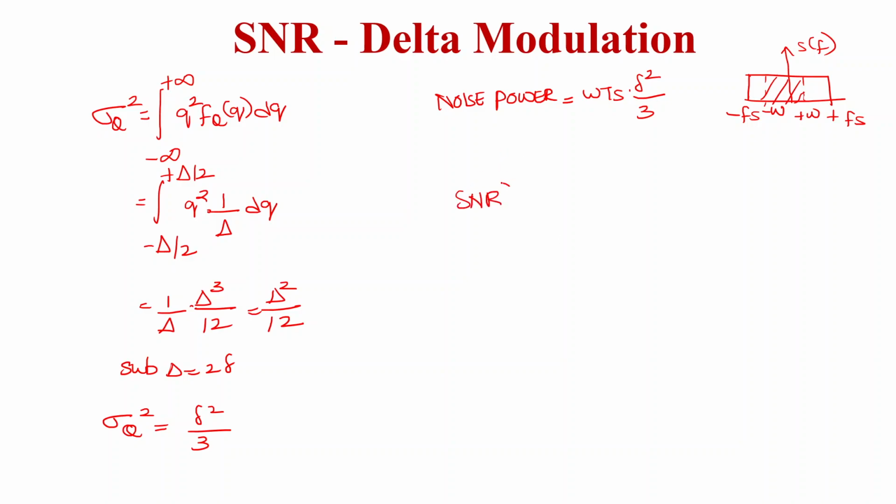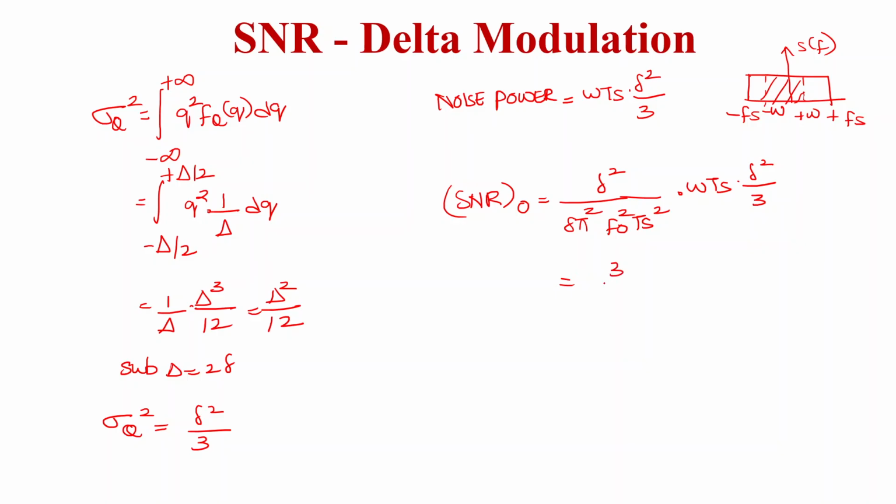Finally, I am going to find the signal to noise ratio. It is the average output signal power to the average output noise power: delta square divided by 8 pi square f0 square Ts square, into W Ts into delta square by 3.